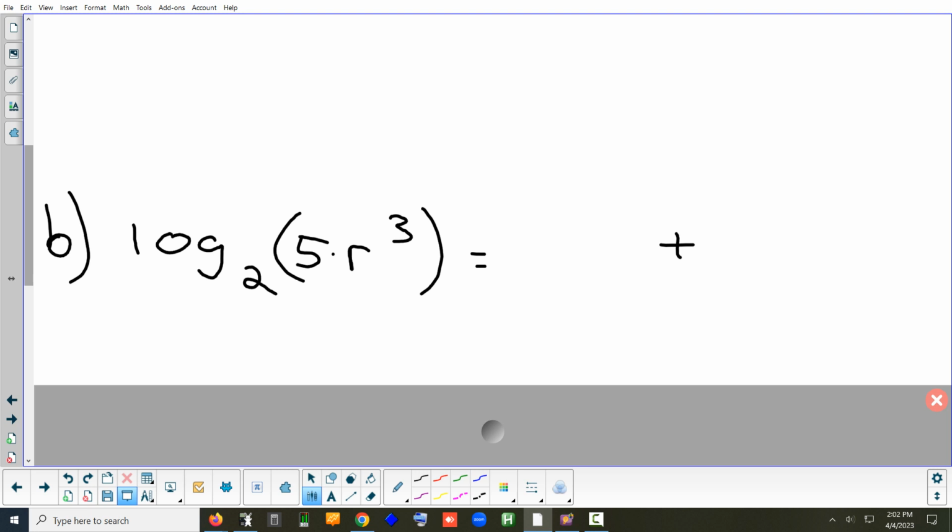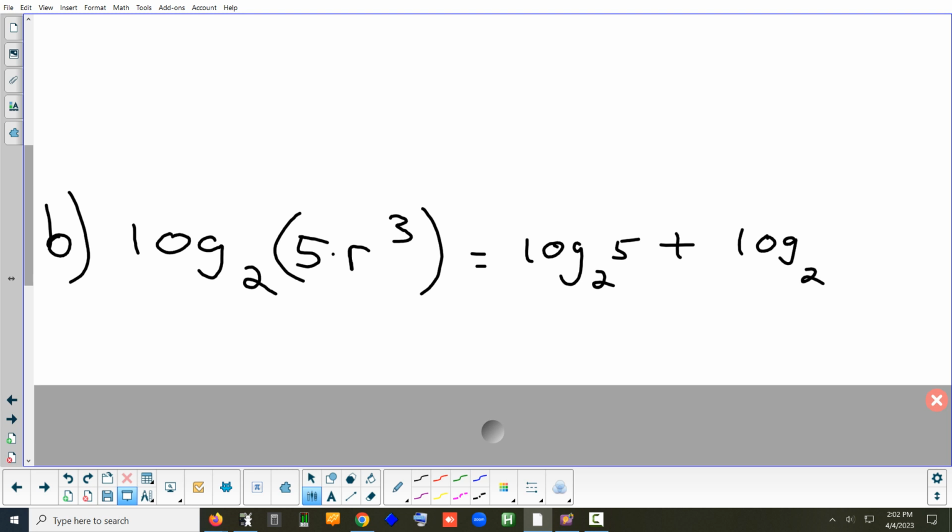Somebody tell me what's going to be the base on each log. 2. Okay, so base on each log is going to be 2. What's going to be my first argument? It's going to be 5. And what's going to be my second argument?